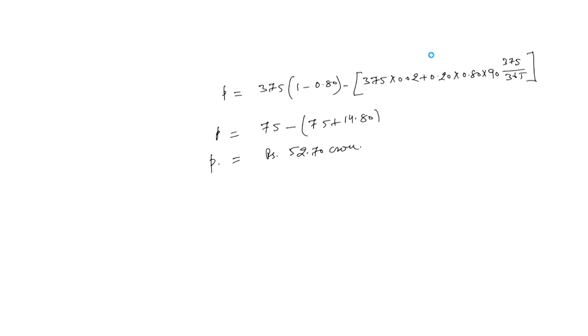So once we have calculated the profit here, that is 52.70 crores, let us assume now that in this case G is equal to say 0.5%, right. We have assumed G. So what will happen now? This P will become 52.70 crores plus 0.005 into 375 into 0.80, because it is GSB.